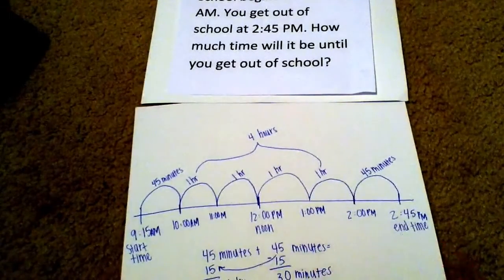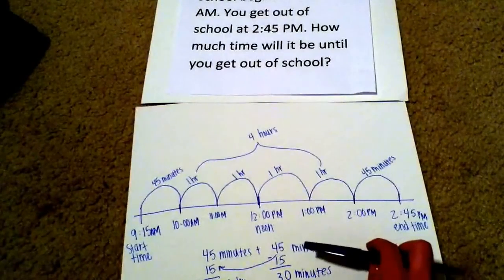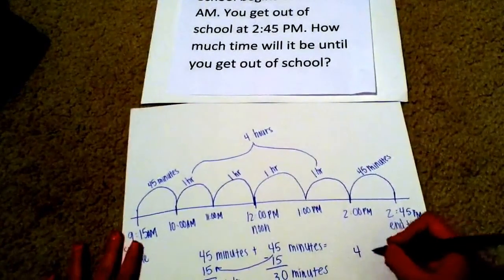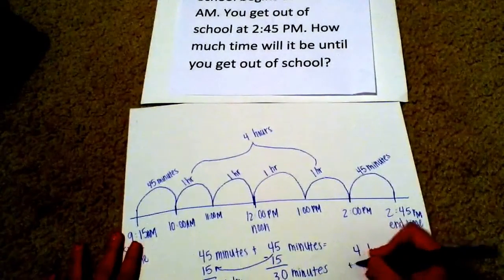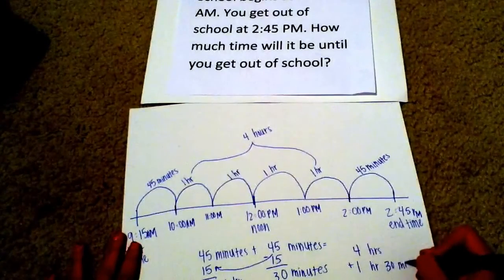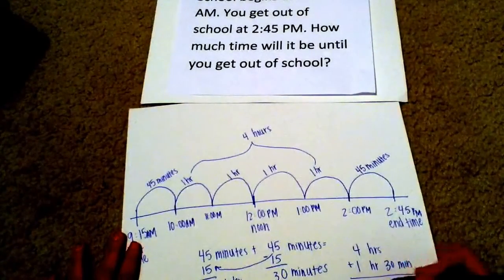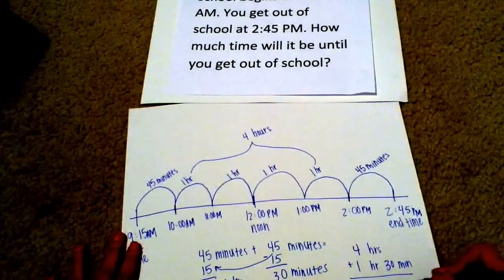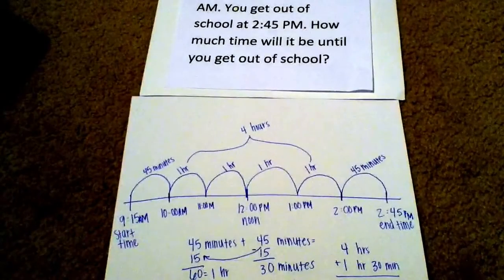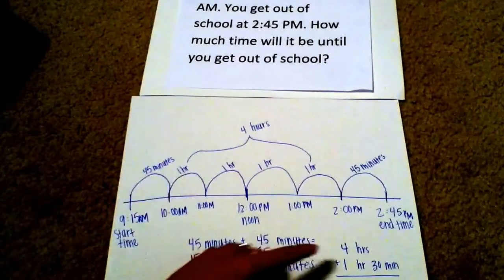So now that we figured out that 45 minutes plus 45 minutes equals an hour and 30 minutes, we'll add that to our 4 hours. So 4 hours plus 1 hour and 30 minutes, that equals 5 hours and 30 minutes. So we use the timeline to solve an elapsed time problem by skip counting until we reached our end time.